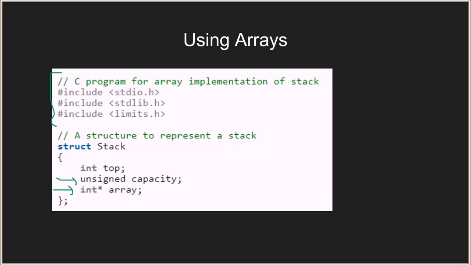We cannot change the capacity dynamically. And this is the int top, which will be storing the index of the topmost element basically. So if you have just one element, the index will be 0. If you have two elements, the index will be 1, and so on.